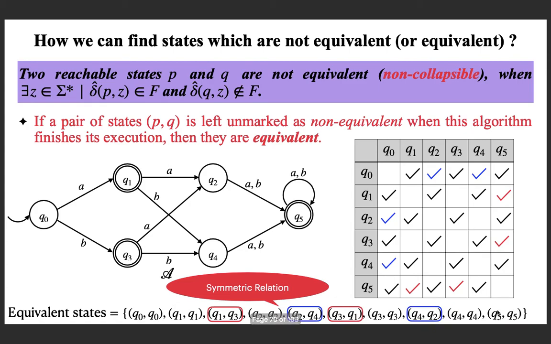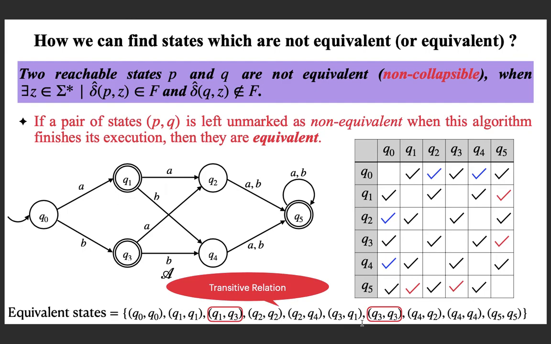And it is symmetric, because Q1, Q3 and Q3, Q1, Q2, Q4 and Q4, Q2 are there. It's transitive also. Q1, Q1 and Q1, Q3 require Q1, Q3, which is there. Q1, Q3 and Q3, Q1 require Q1, Q1, which is there.